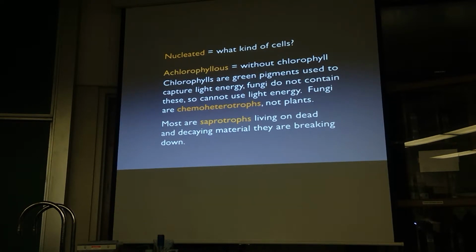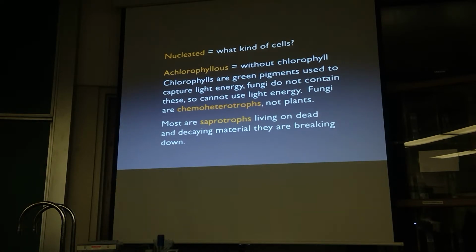The term that was in the definition, osmotrophic, I don't like that term because osmosis is the movement of water, and osmotrophic has to do with fungi taking in organic compounds by absorbing them. They're not really, they take them in through endocytosis. So I'm not going to ask you the term osmotrophic, I don't like it.